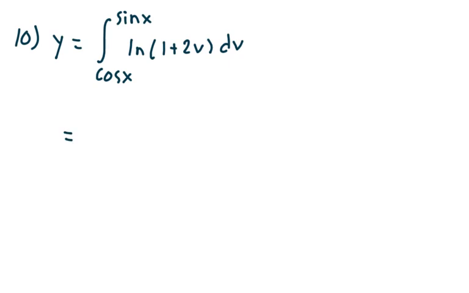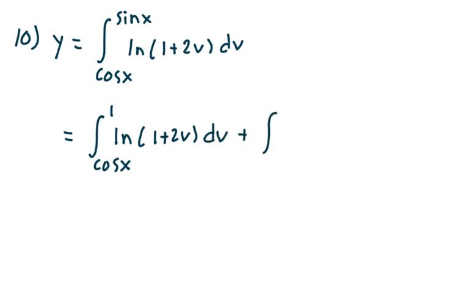And so this is the integral from cosine of x to 1 of natural log of 1 plus 2v dv plus the integral from 1 to sine of x of natural log of 1 plus 2v dv.